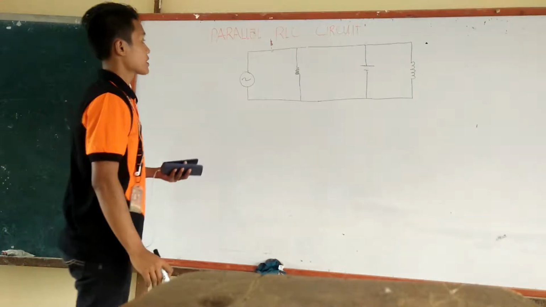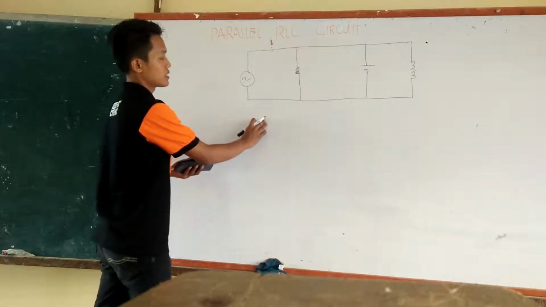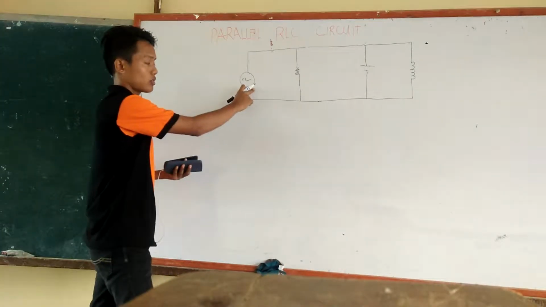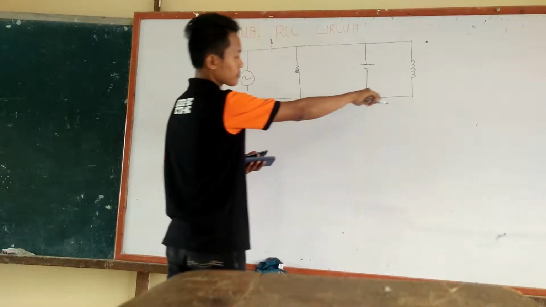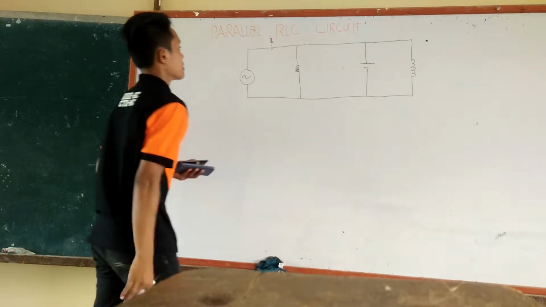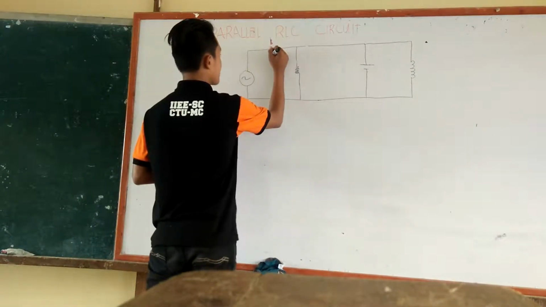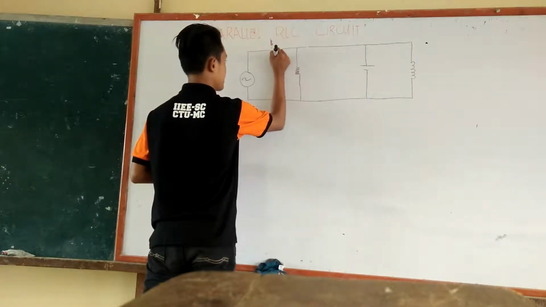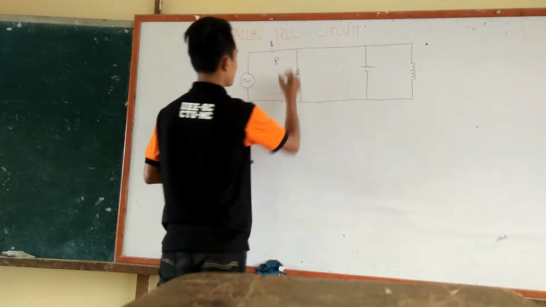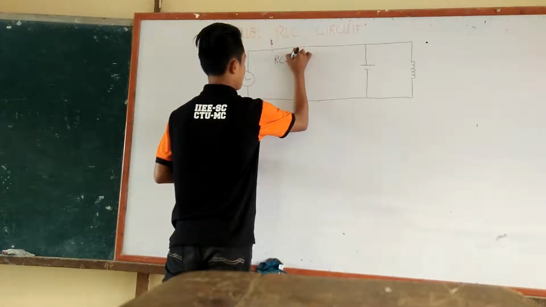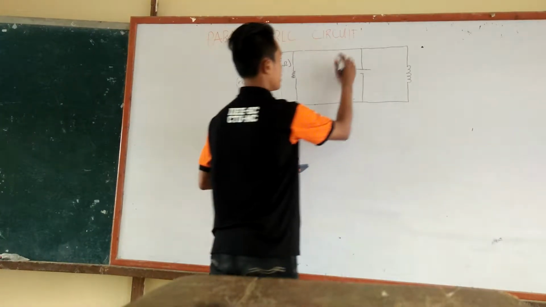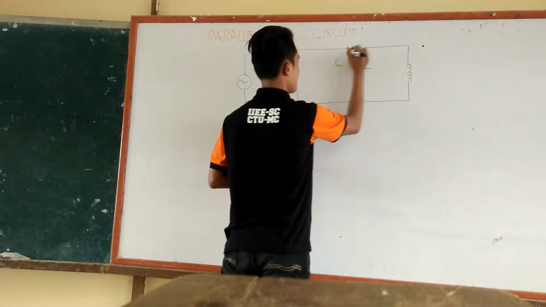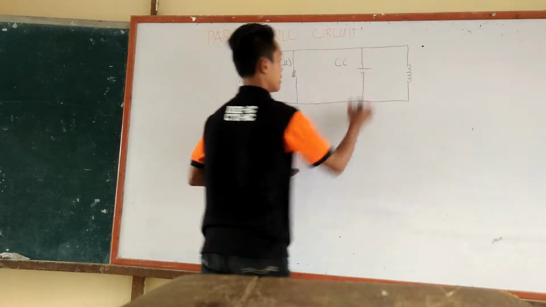In this circuit analysis, its configuration is a resistor that is parallel to a sinusoidal source, a parallel capacitor, and a parallel inductor. So let's put R here to represent the resistor, which is measured in ohms. Then we have our capacitor here, which will be represented by C, and it is measured in farads.